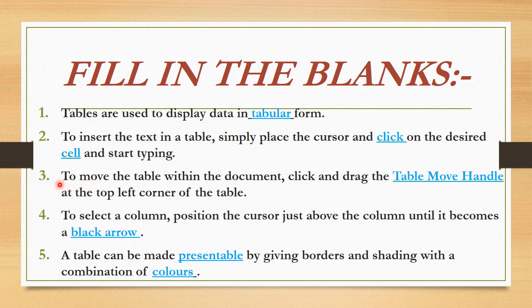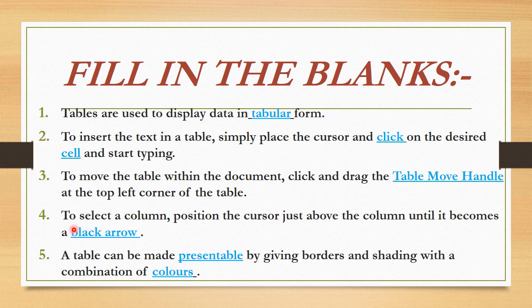Next, number 3: to move the table within the document, click and drag the dash at the top left corner of the table. So what is in the top left corner of the table? Table move handle. With the help of the table move handle, we can move the table within the document.